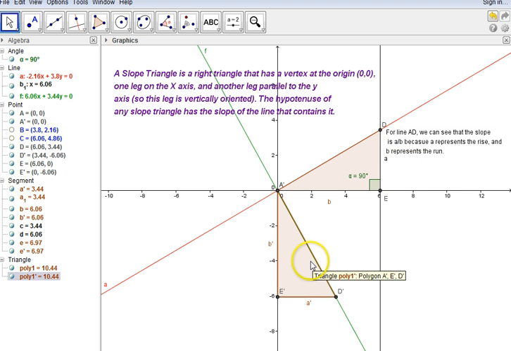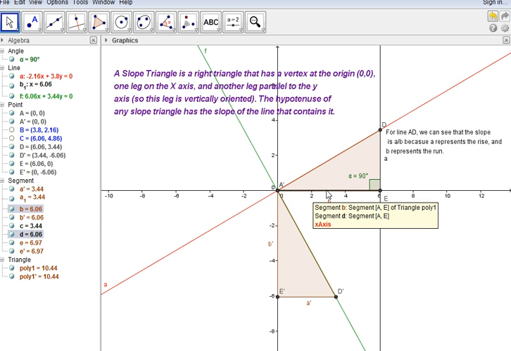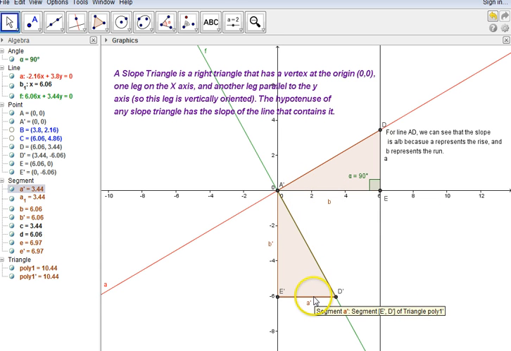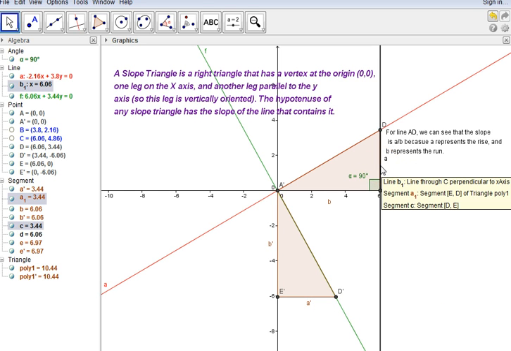So then, what do we got going on over here with the slope of the green line? Well, now the change in the y's is B, the segment that used to be here on x, and the change in the x's is A, or the segment that used to be here.